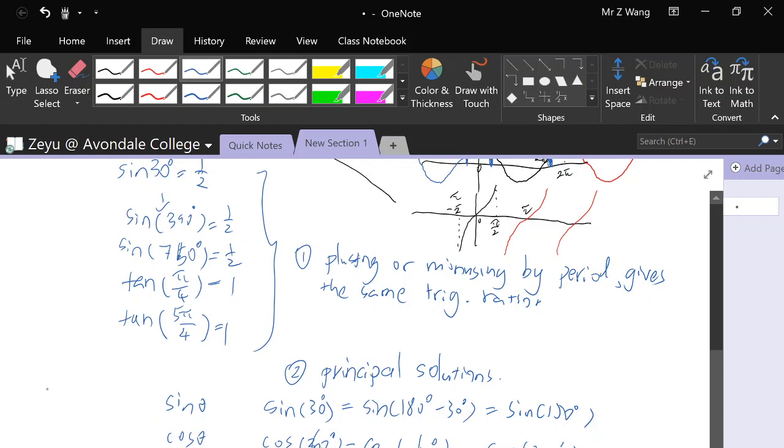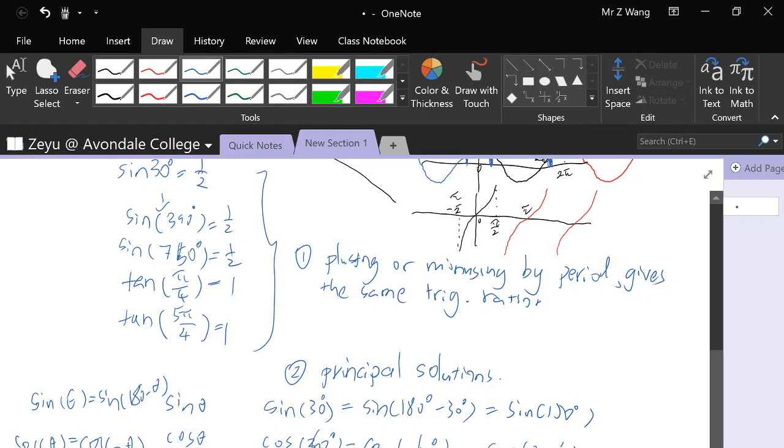So I summarize this in a formula. Sine theta equals sine of 180 minus theta. Cos theta equals cos of negative theta.